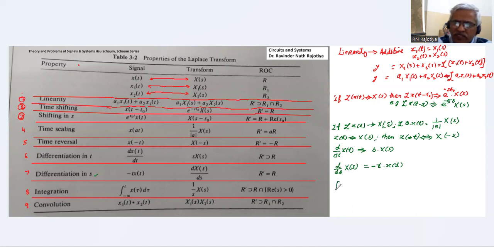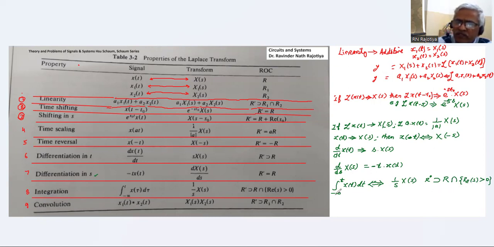If you integrate any signal in the time domain from minus infinity to some time t of the signal x of t dt, this will give rise to its s domain equation as 1 by s times x of s, and the new ROC will contain the intersection of R and the real part of s greater than 0.